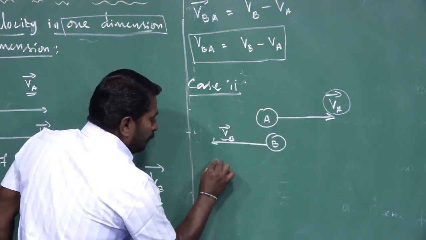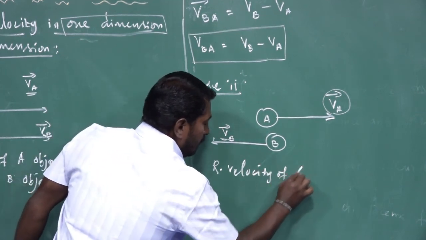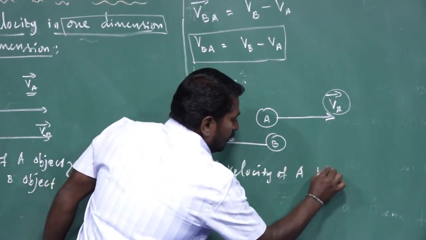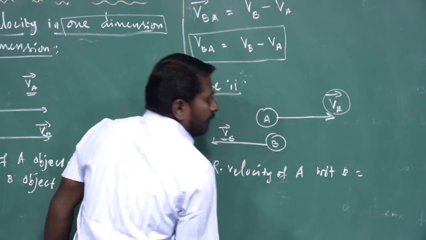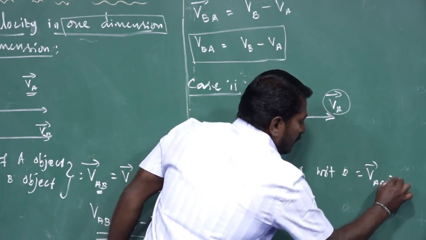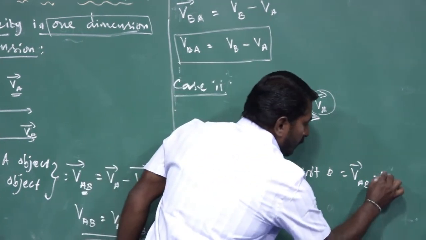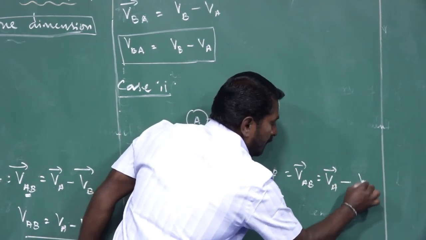Relative velocity of A object with respect to B object, V vector AB, is equal to VA vector minus VB vector.